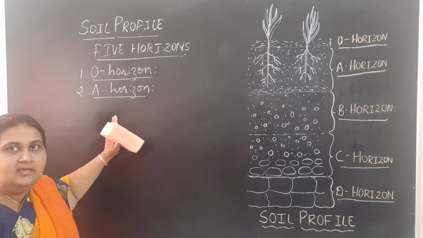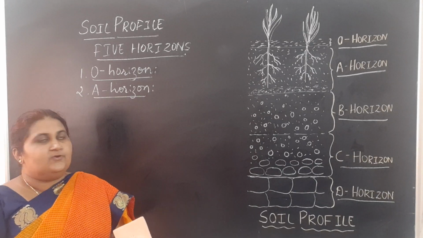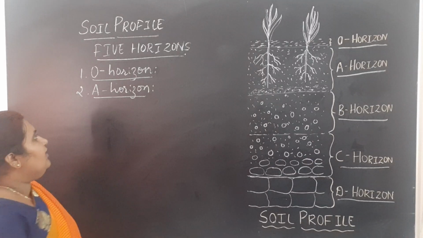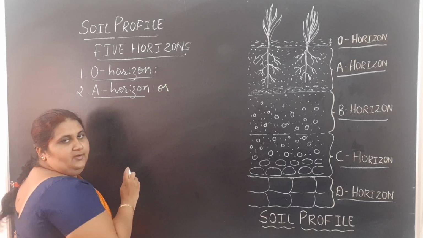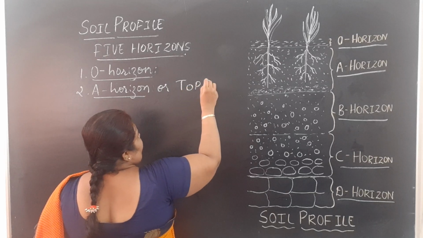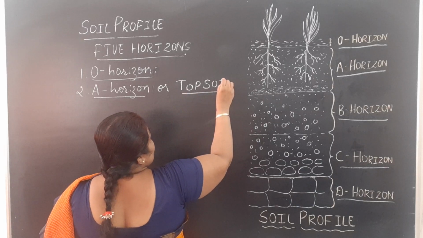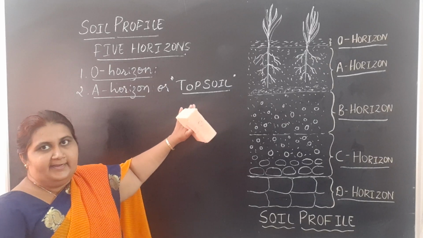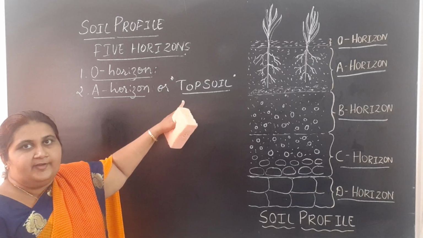The next layer is the A horizon. The A horizon is also known as topsoil.